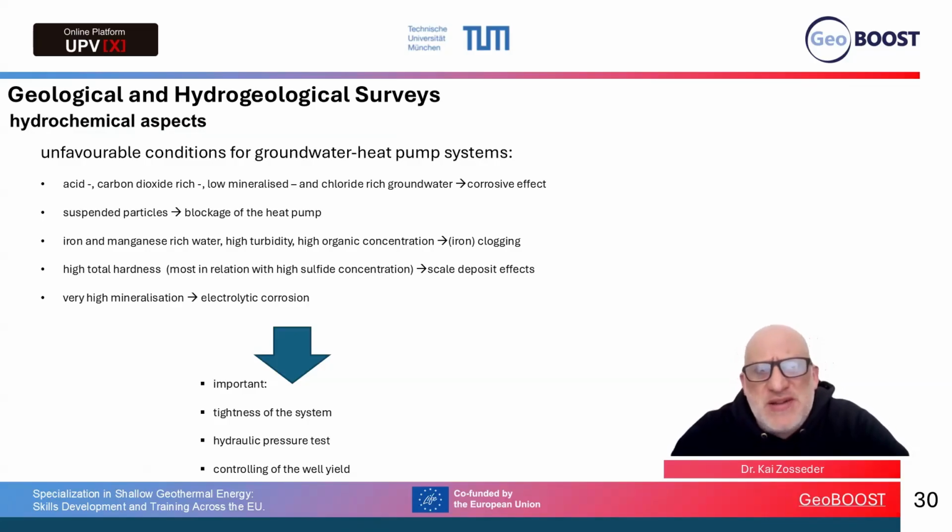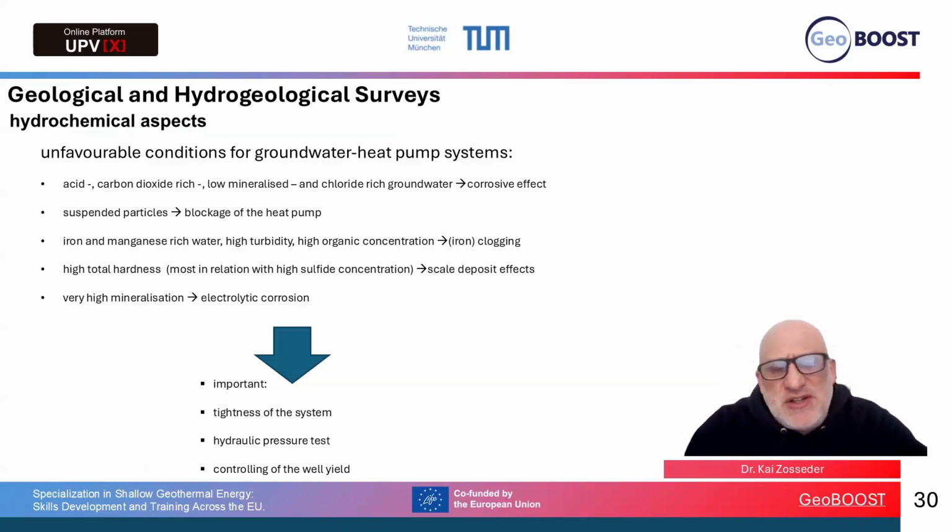Important is the tightness of your well system. Normally, if you do not have a lot of leakage and it's very tight, you do not have a big problem, but you have to control it and see how that works, of course.